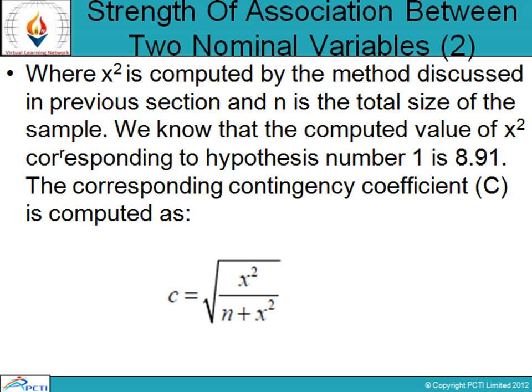Now we understand that the computed value of x square corresponding to hypothesis number 1 is 8.91. So the corresponding contingency coefficient, that is C in this case, would be C equals the square root of 8.91 divided by 60 plus 8.91. So the value comes out to be 0.36.